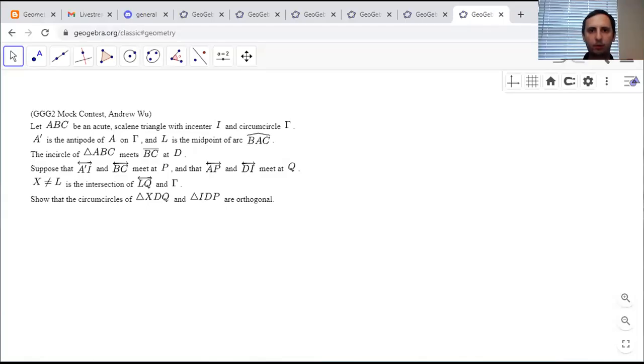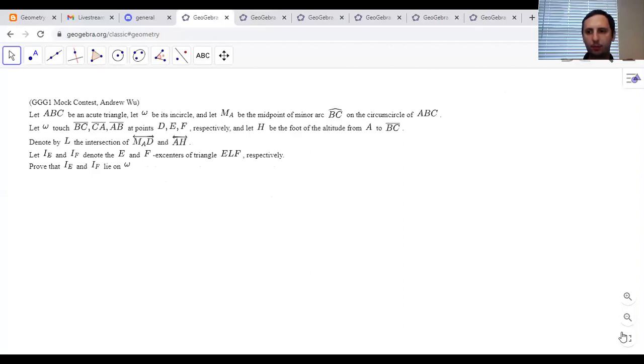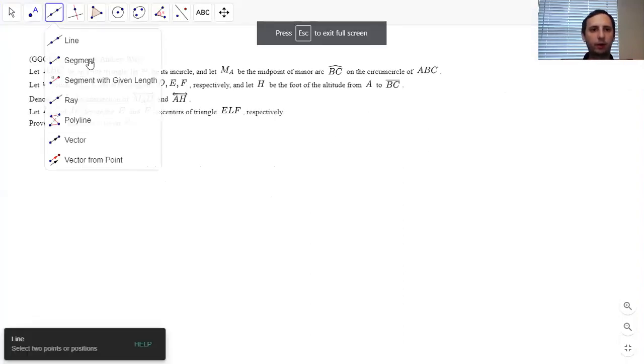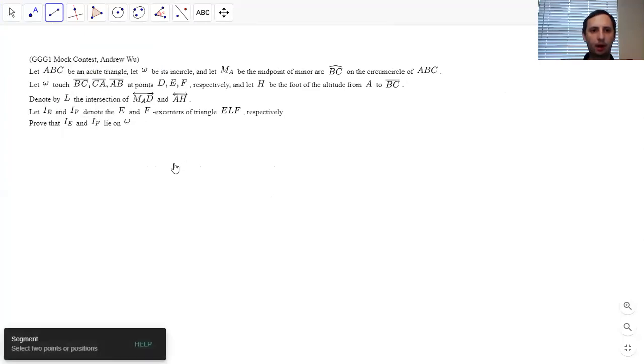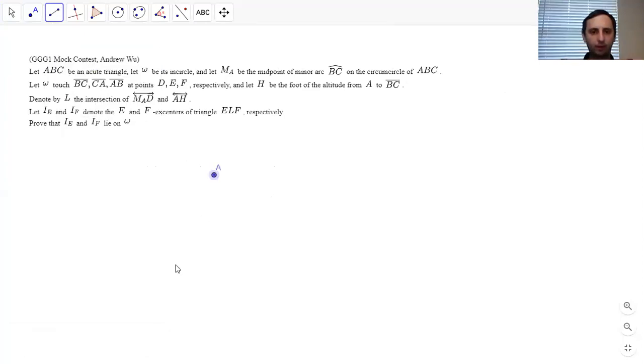Sorry about that. Here's the first problem I was going to go through. So we have a triangle ABC with incircle omega. My GeoGebra is a little slow right now, but I think it'll speed up in a little bit.